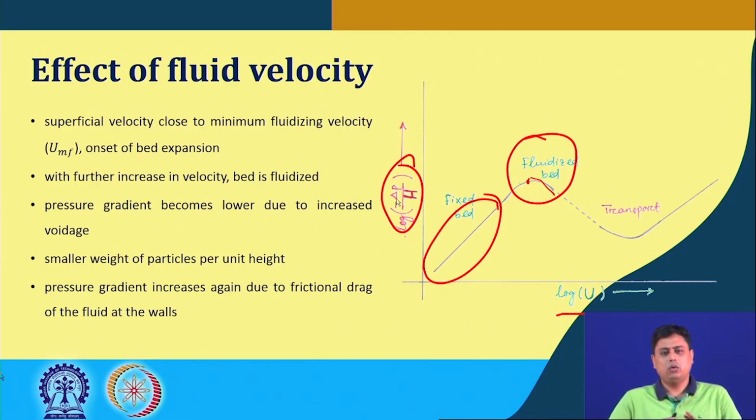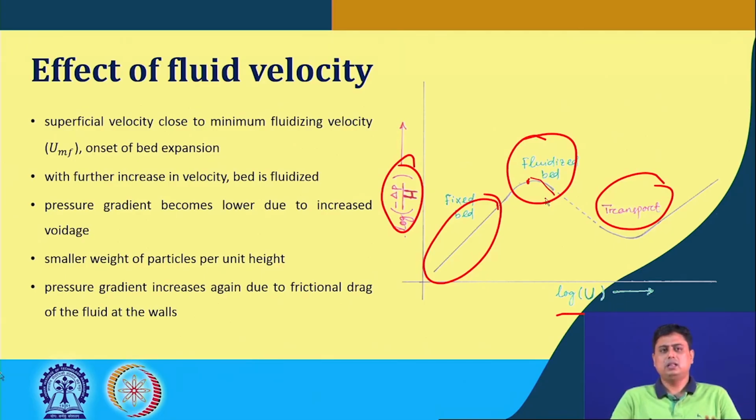So we have a moment where the whole bed is fluidized, and then we have the transport region where the particles are being carried with the fluidizing fluid. In between, for some period, the pressure gradient, the pressure drop per unit length, decreases, and that decrease happens, as I said, due to the increase in the voidage.